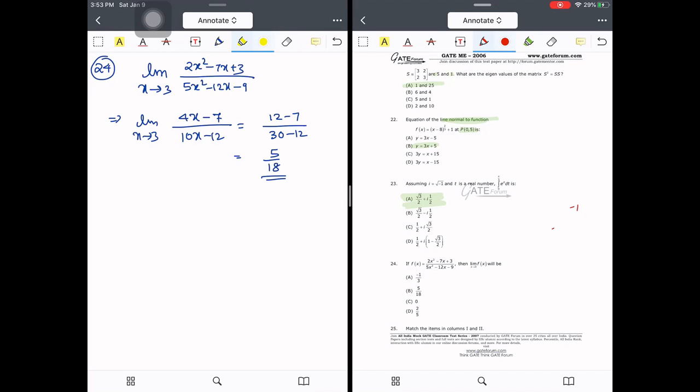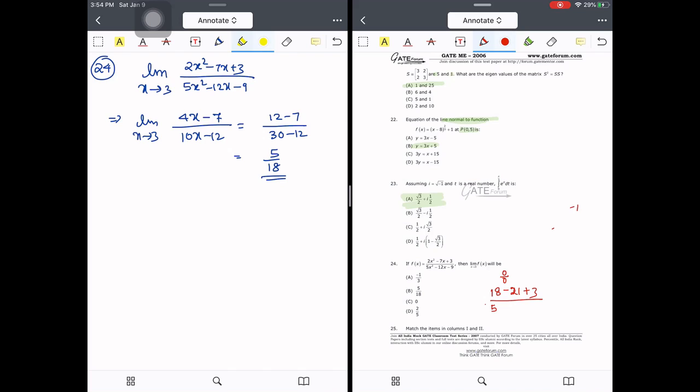Question number 24. See, it's very simple. Just apply the L'Hospital rule. L'Hospital is only used when you get the solution in the form of 0 by 0 if you put the limits. But if you put x tends to 3, am I getting anything in 0 by 0 form?